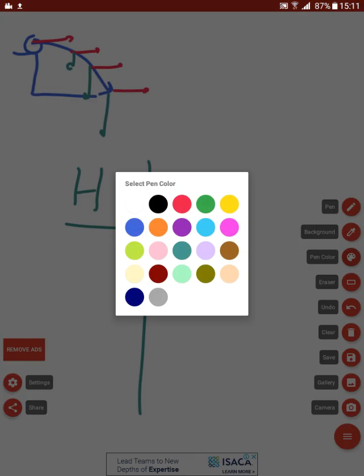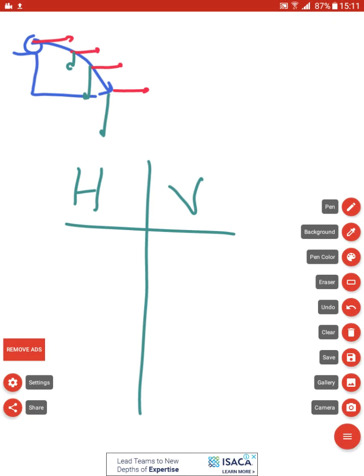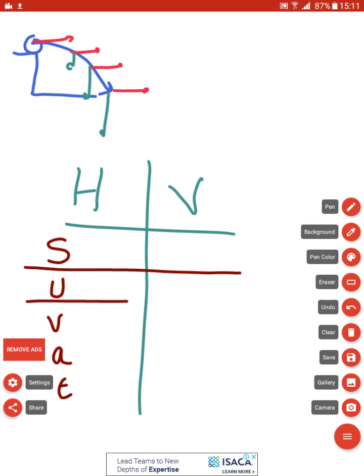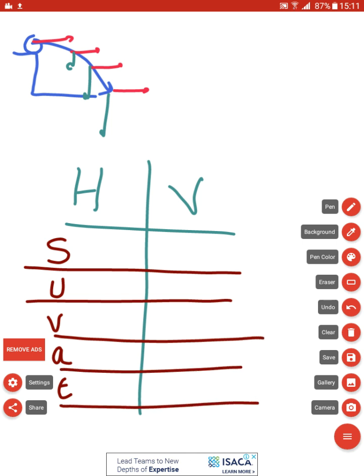And using the equations of motion, you write here S, U, V, A, and T, which are the SUVAT equations, which are V equals U plus AT and so on, as we mentioned before.